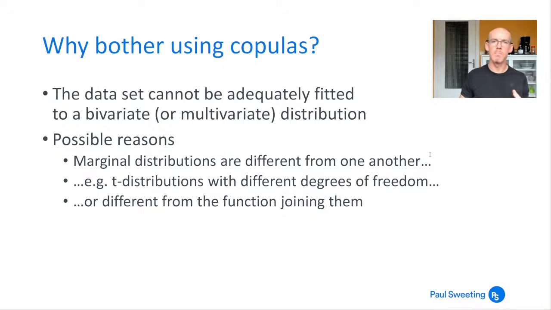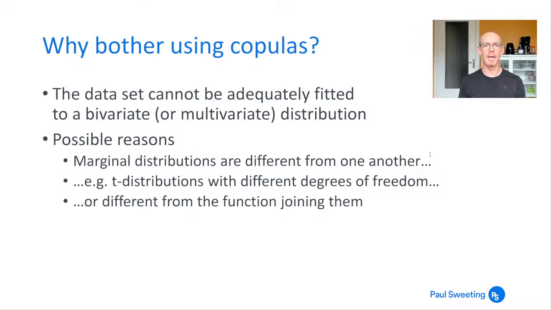So the main reason to use copulas is for one of these reasons, that if you try to squeeze everything into a single multivariate distribution, you are obscuring some of the problems that you might have with the underlying data.